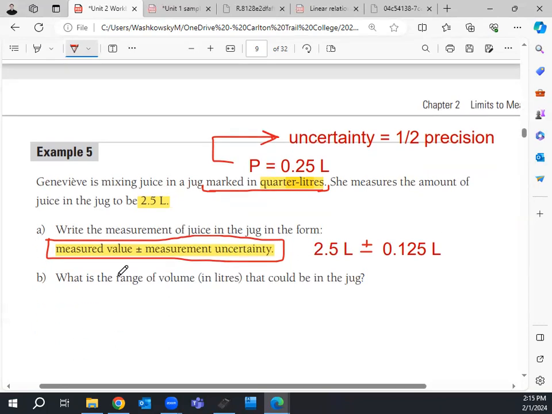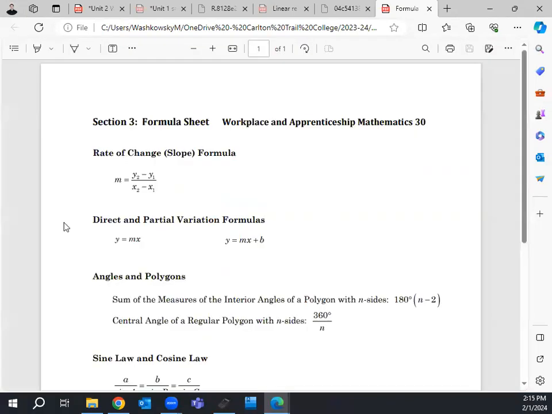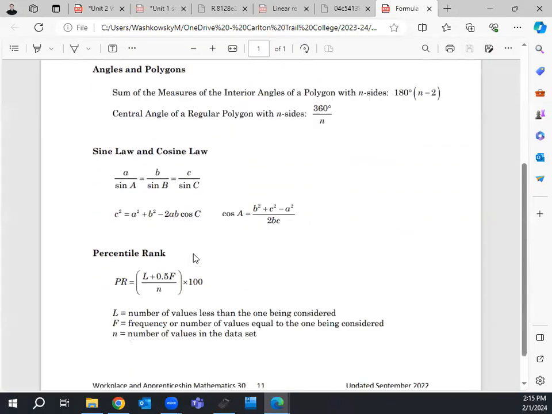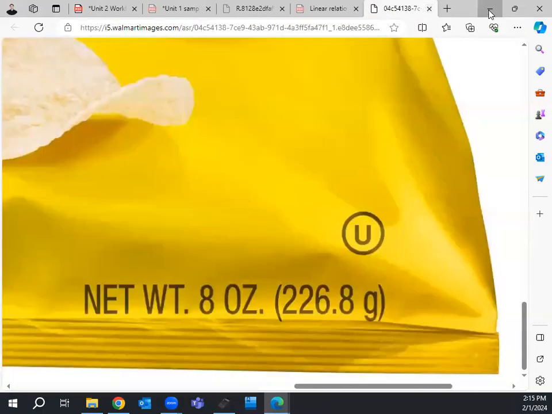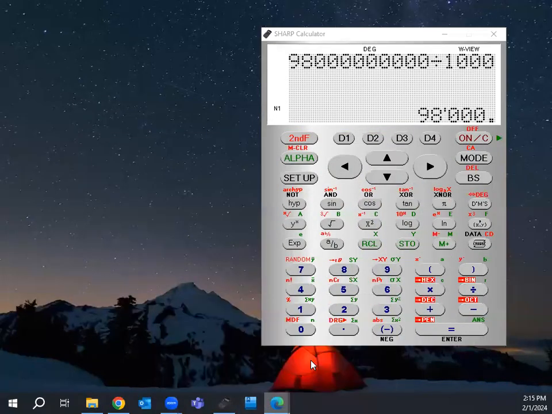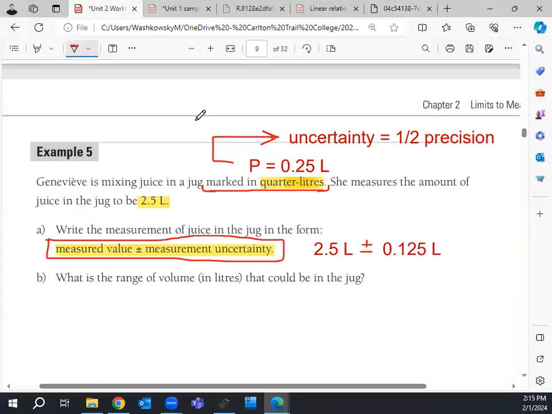Okay. So when we write the measurement of something, this is the format we always use. I'm pretty sure this is given to you, but let me confirm that. No, it is not. Okay. So this is something you need to have memorized by the end of this.